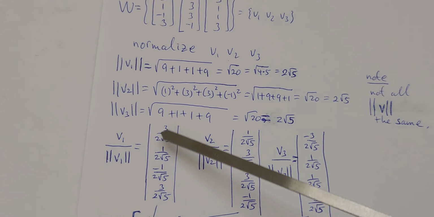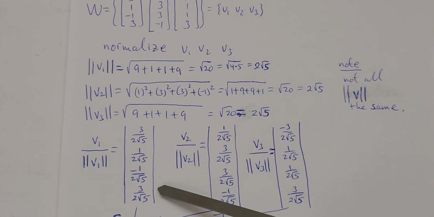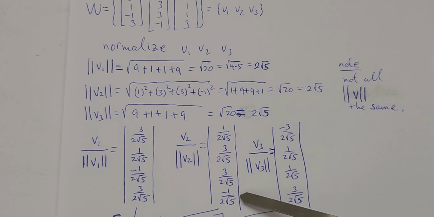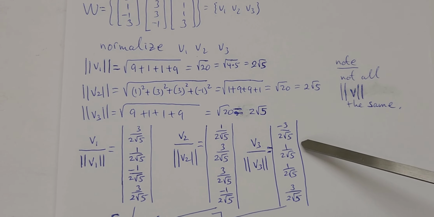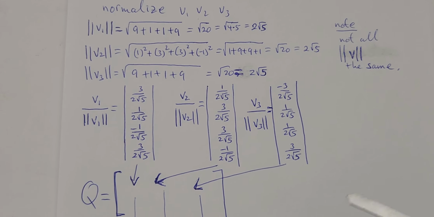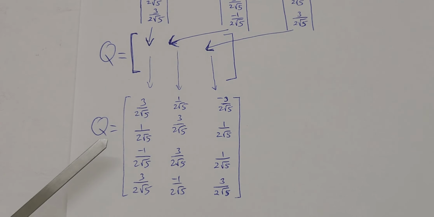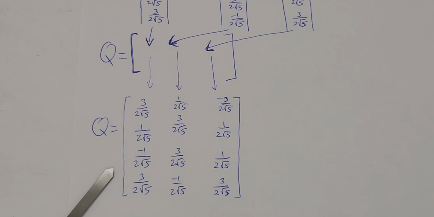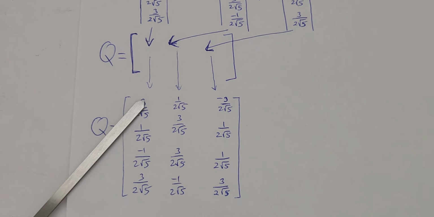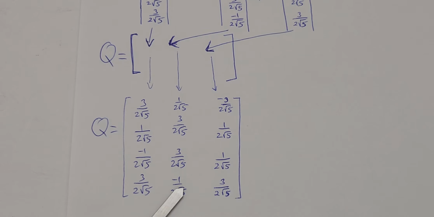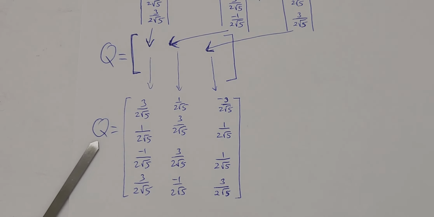So this is the normalized V1, V2, V3, and you put them together and it comes out to be this Q right here. This is the Q that I just found from normalizing its vectors. This is vector 1, vector 2, vector 3, and Q is the normalized vectors.